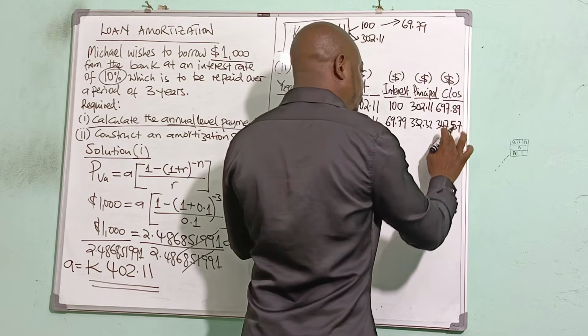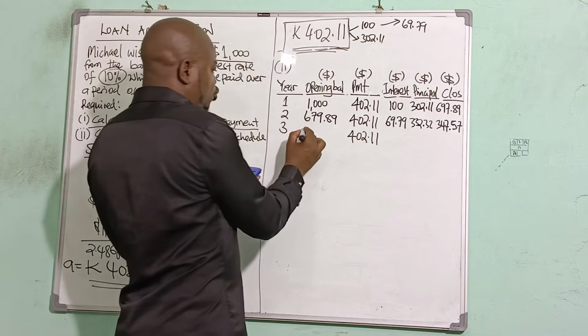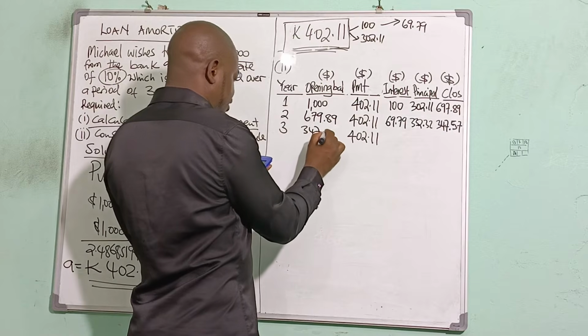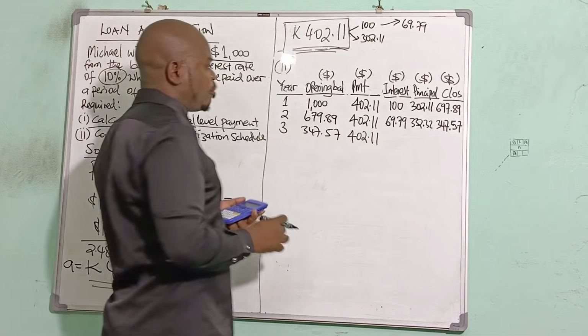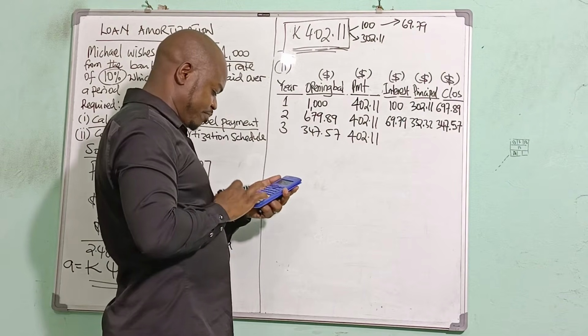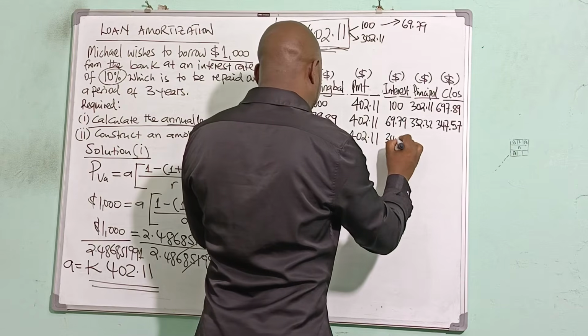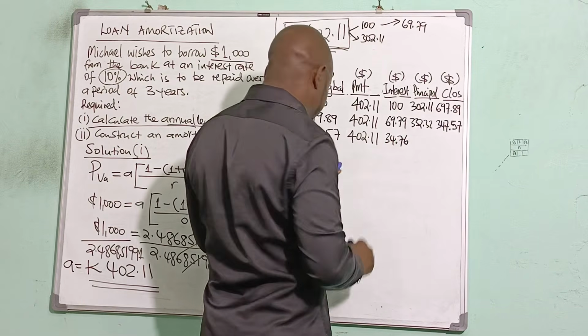My closing balance becomes the opening balance for year 3. So 347.57 is my opening balance. Again, we take 10% interest, which is 34.76.